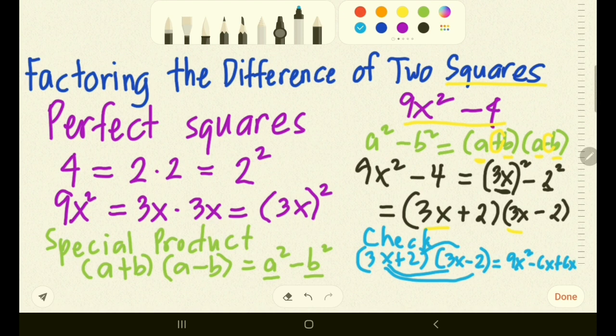And lastly, 2 times negative 2, that is negative 4. Simplify. You have your 9x squared. Negative 6x plus 6x is 0. So, remaining is minus 4. You got the given polynomial, which is 9x squared minus 4.